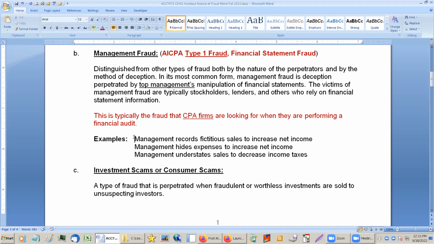And a couple of examples, three examples. A lot of times they're to increase net income. So the first couple here: how do you increase your income? You have fictitious sales, or you say that your expenses are lower than they really are.